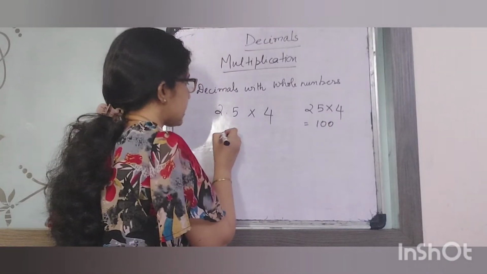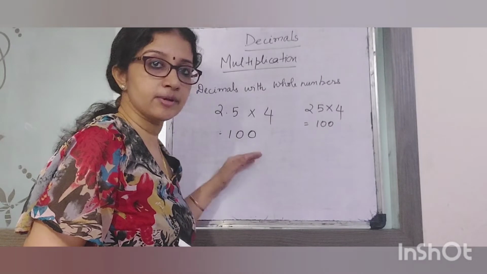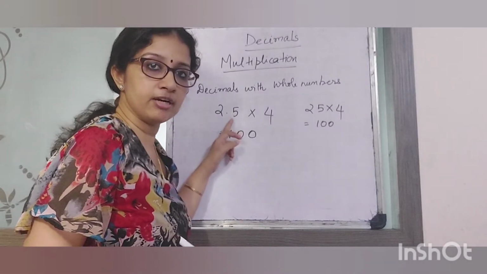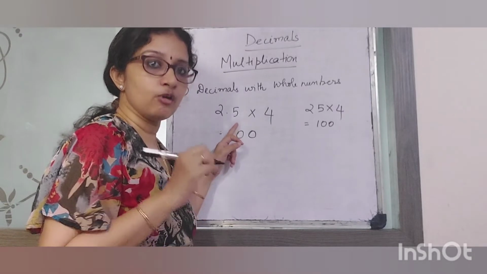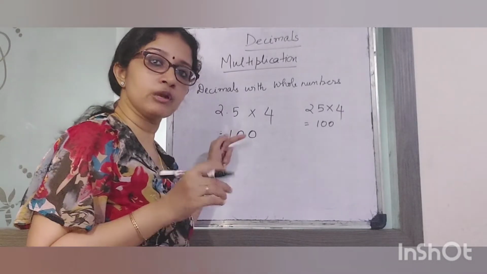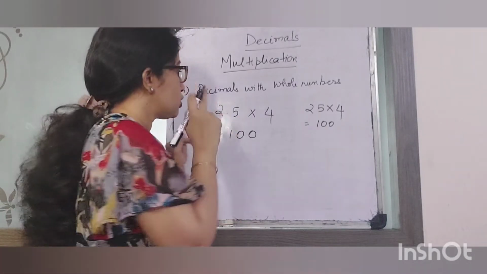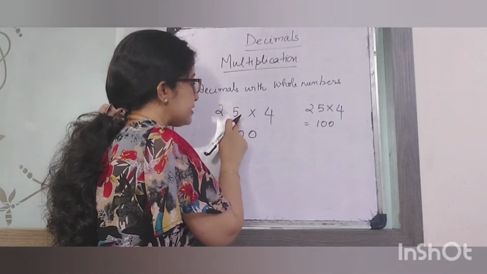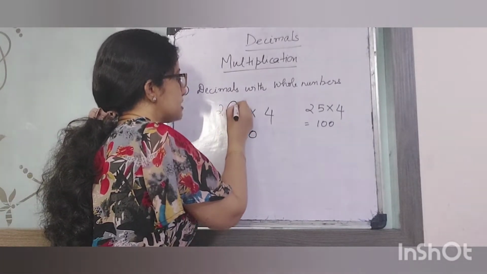Correct? So write this 100 here. Now this is not the final answer, because we have a decimal point here which we ignored previously. So now is the time to include this decimal point also. Okay, so what should we do? We should count how many digits are there to the right hand side of this decimal point.